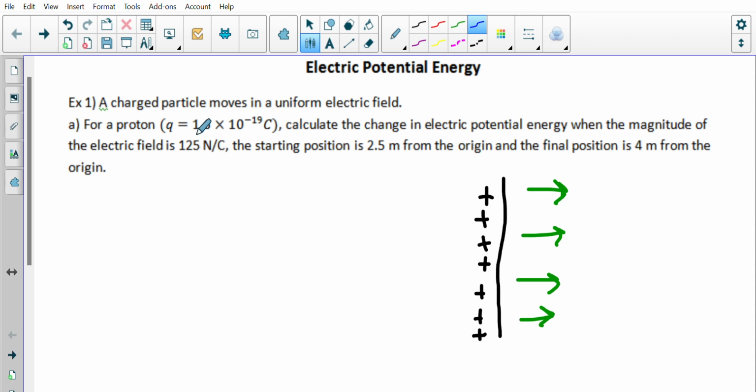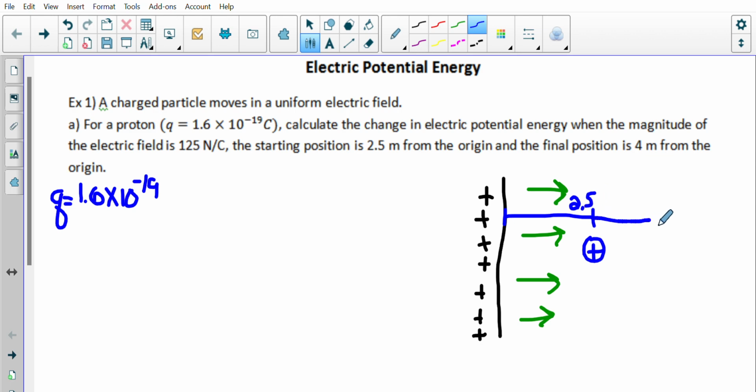All right, so what we have here is a proton. So there's our Q value, which is again 1.6 times 10 to the power of negative 19. We know we're going to put that proton in here. All right, so it had a distance here, it said, of 2.5 from the origin.